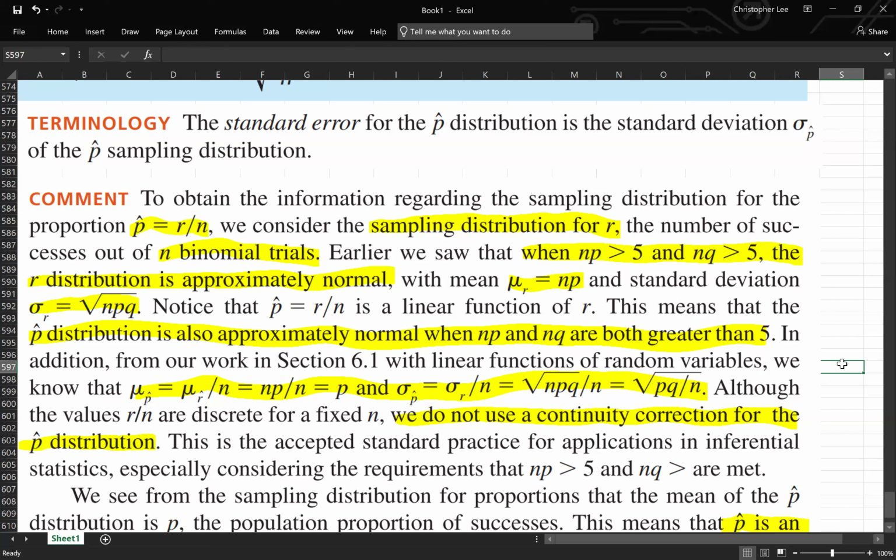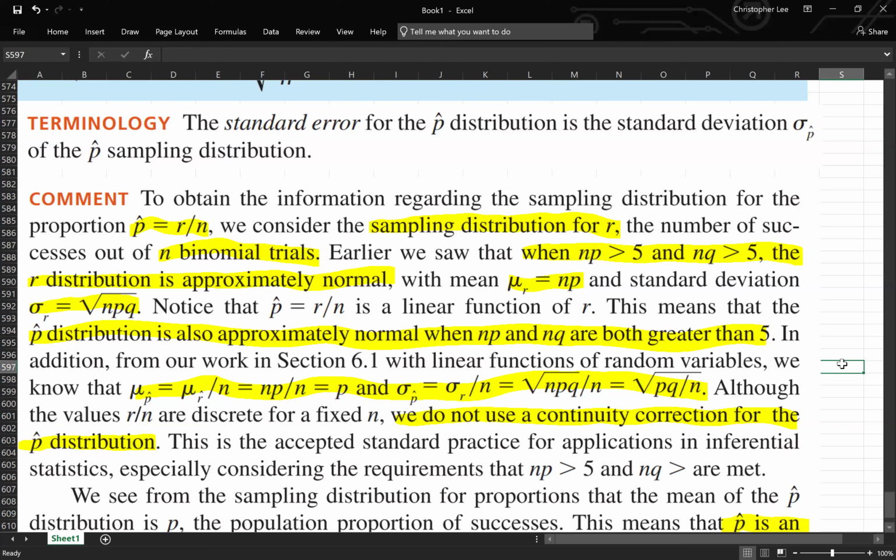Notice that p hat equal to r divided by n is a linear function of r. This means that the p hat distribution is also approximately normal when n times p and n times q are both greater than 5.